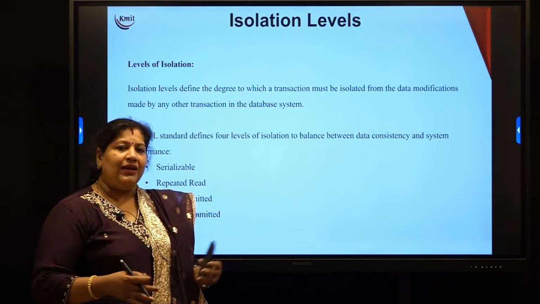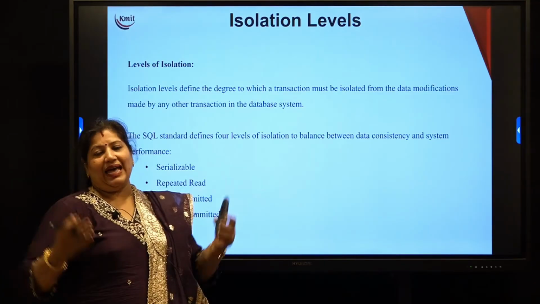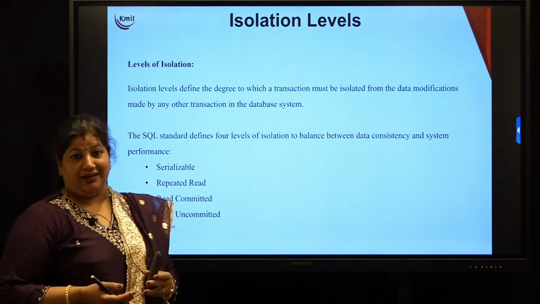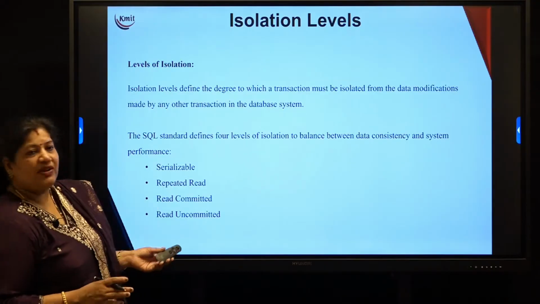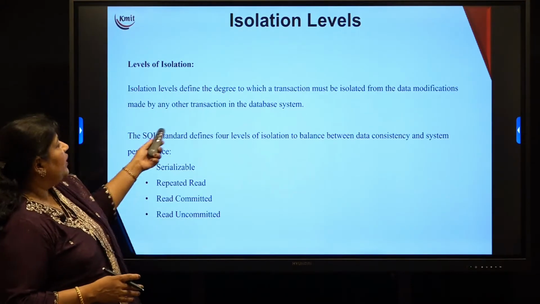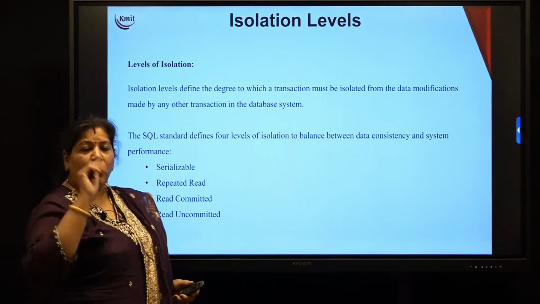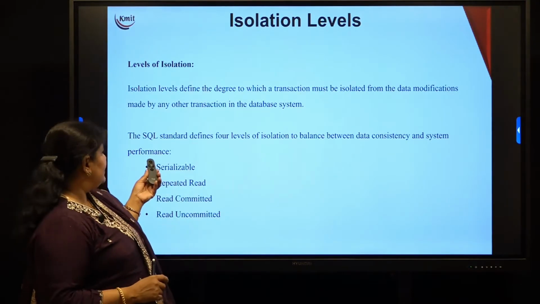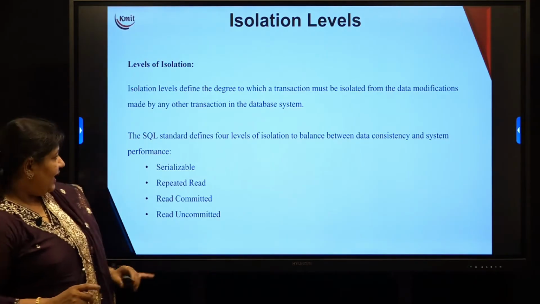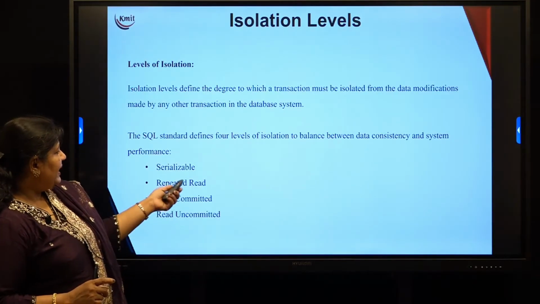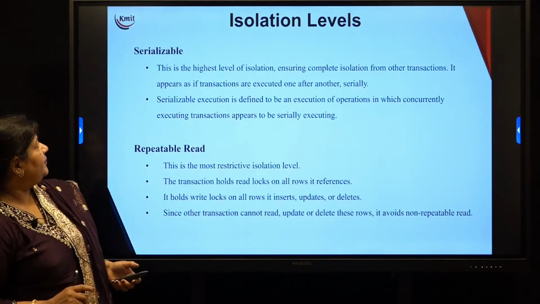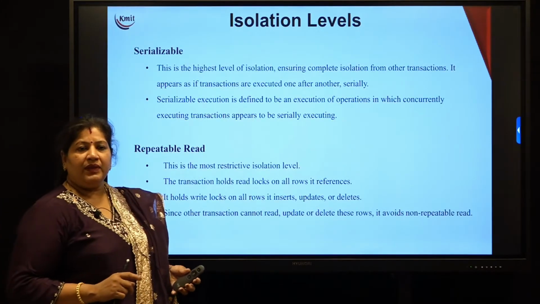Whereas a low level can give you the guarantee of concurrent execution but data inconsistency may occur. So, you have to judge the situation based on your application. The SQL standards define 4 levels of isolation to balance between data consistency and system performance. They are serializable, repeatable read, read committed and read uncommitted. Let us see one by one.